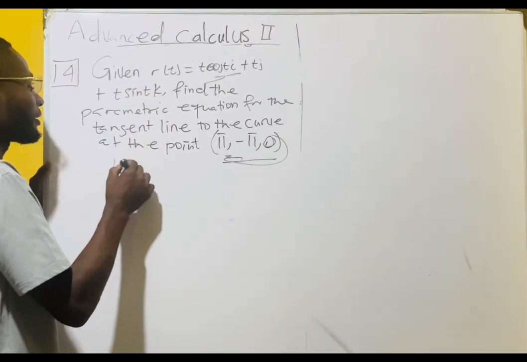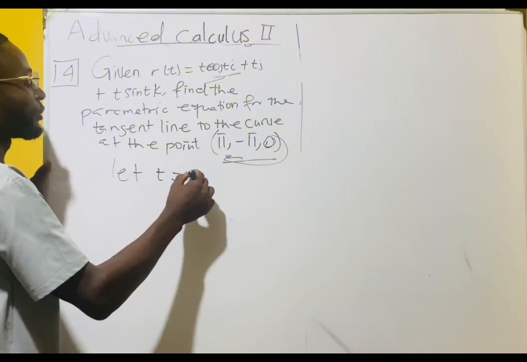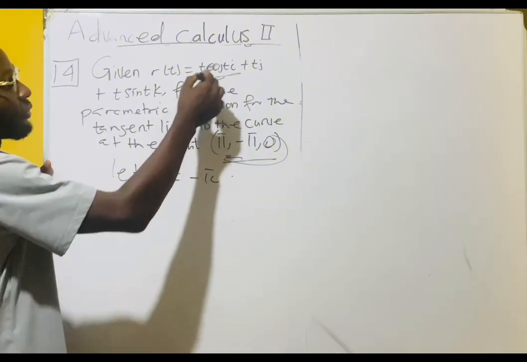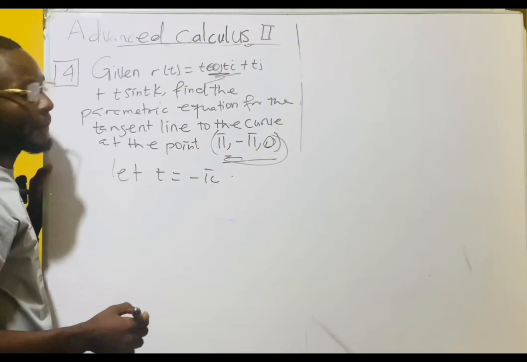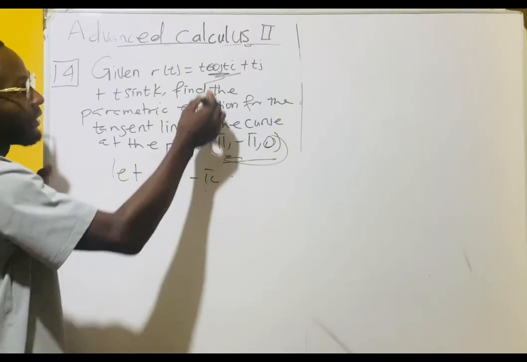So let's say that t is equal to negative pi. We're going to substitute t as negative pi in here.